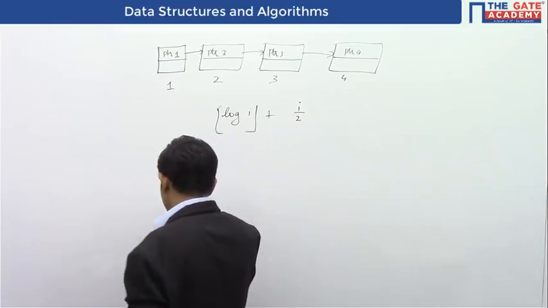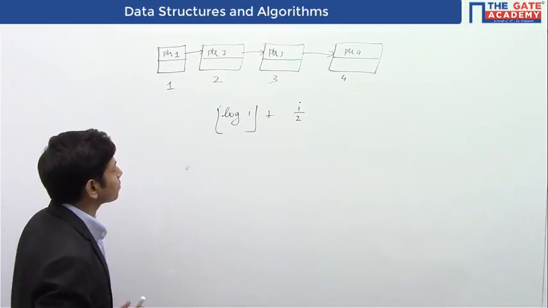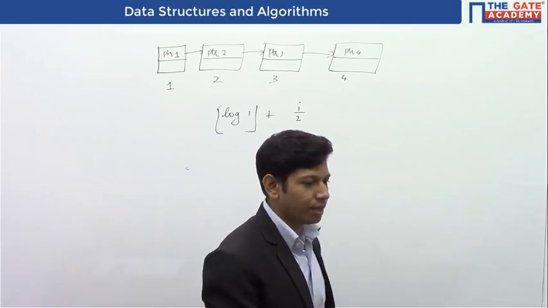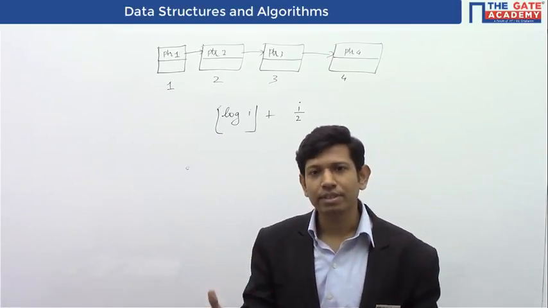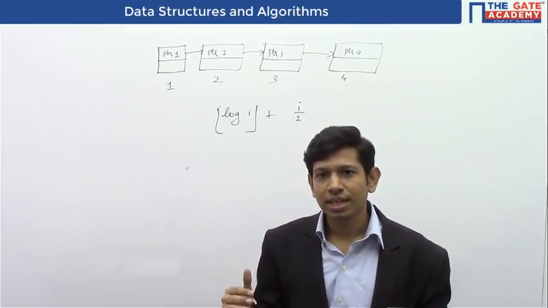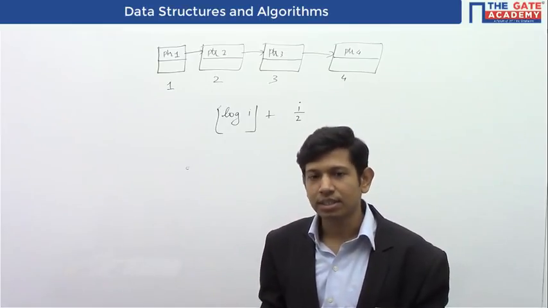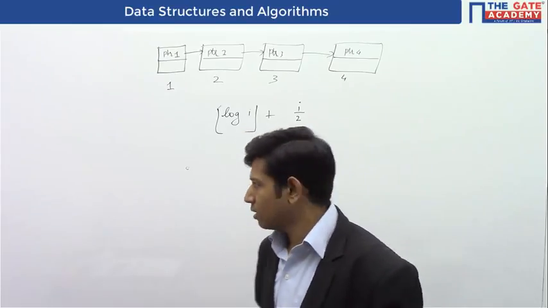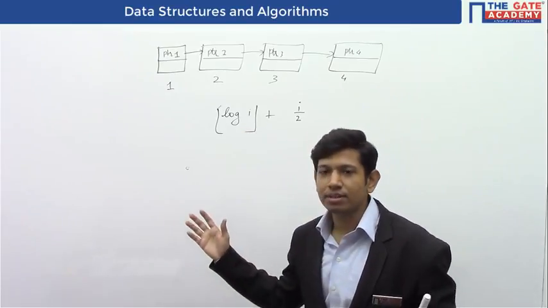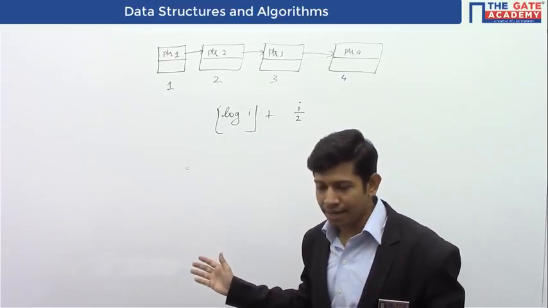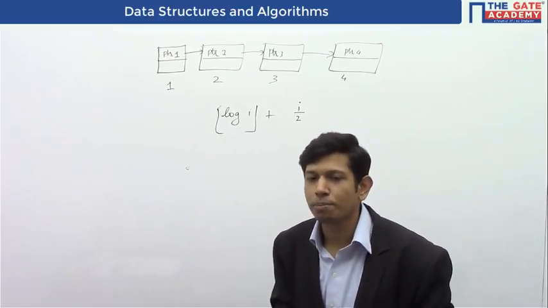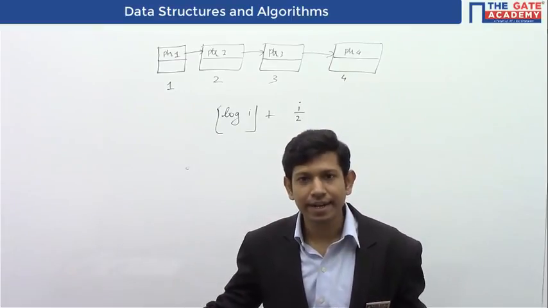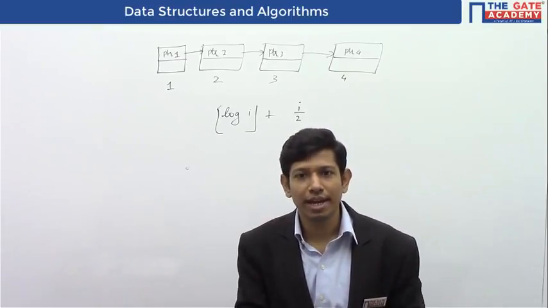If we use divide and conquer, since we are traversing, not dividing, the analogy of dividing is jumping. If we had a big array and had to find one element in it, we would have divided that big array into small arrays.